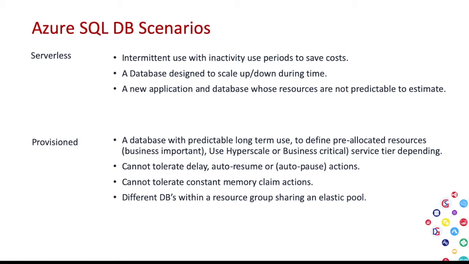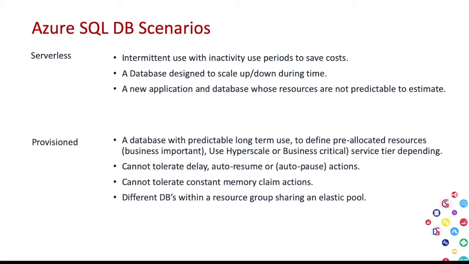Then we can assume that we can create a serverless database. In a provisioned model, we can identify a database with predictable use over the long term, with pre-allocated resources. We can use it for business-critical workloads.